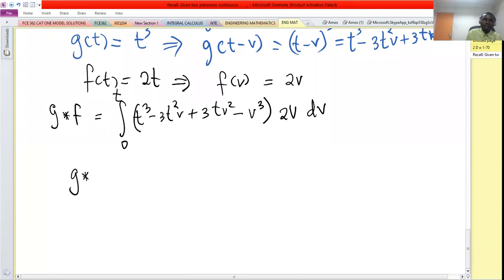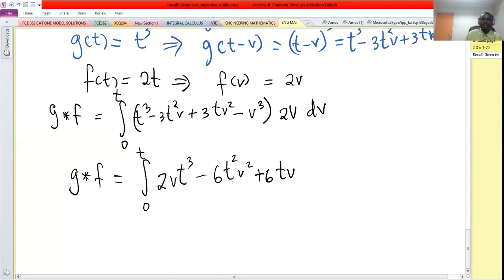So g star f will be the integral from 0 to t of 2v t cubed minus 6t squared v squared plus 6t v power 3, then minus 2v power 4, integrating with respect to v.